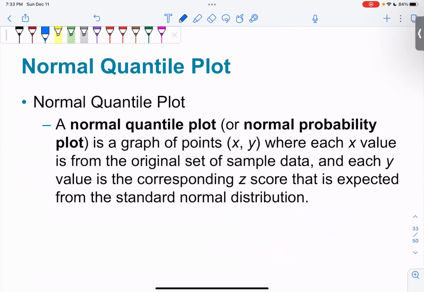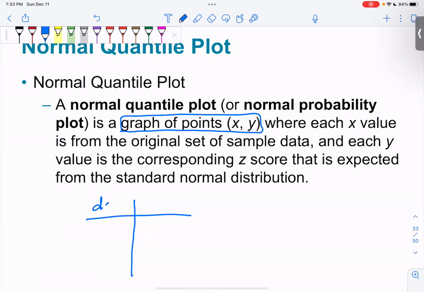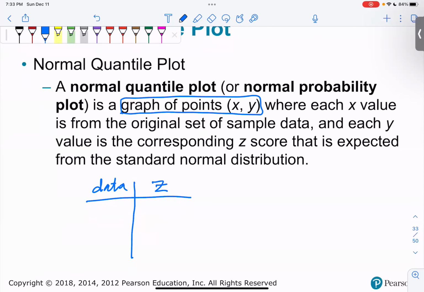A QQ plot is a graph of points X and Y, where X is the original data, and Y is the Z values for this data set. We will see how to do this.